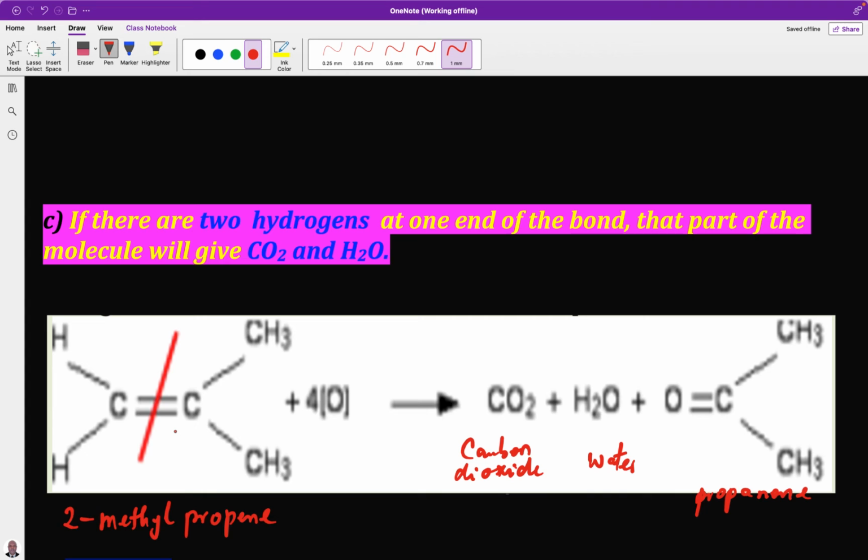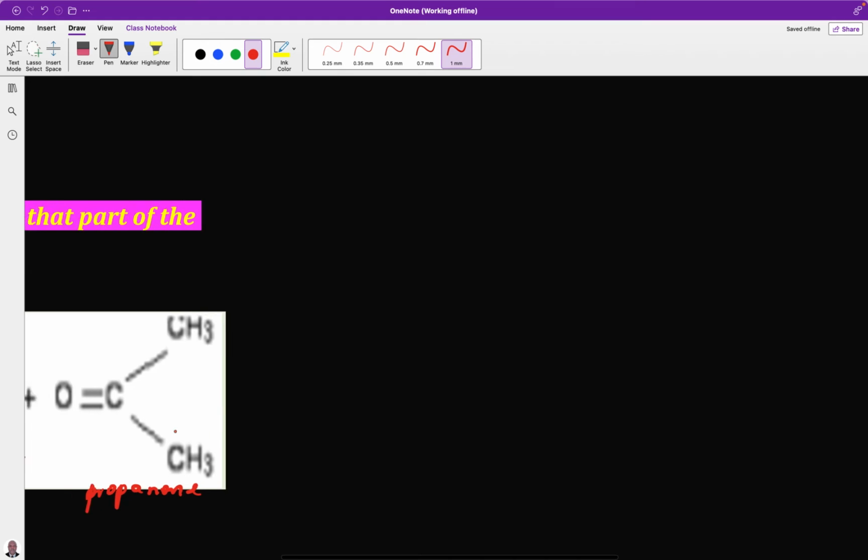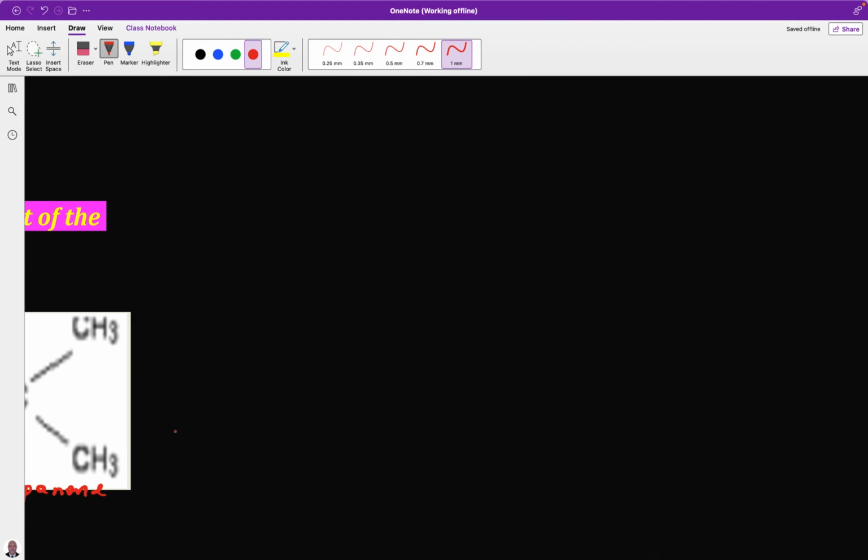Let me show you how it will go, using this very molecule.